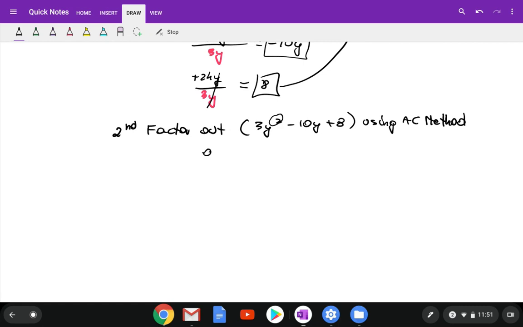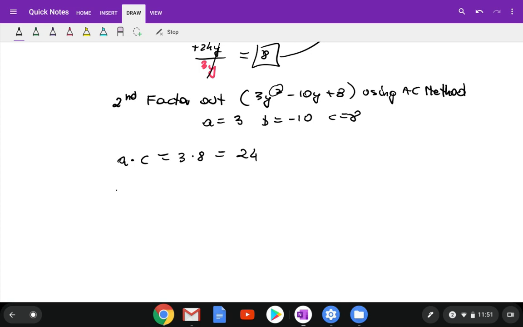Okay, so A is equal 3, B is equal negative 10, C is equal 8. So step 1, we multiply A times C. So we're getting 3 times 8, which is 24. Then next, we're looking for 2 integers, which by multiplication gives you AC, which is 24.